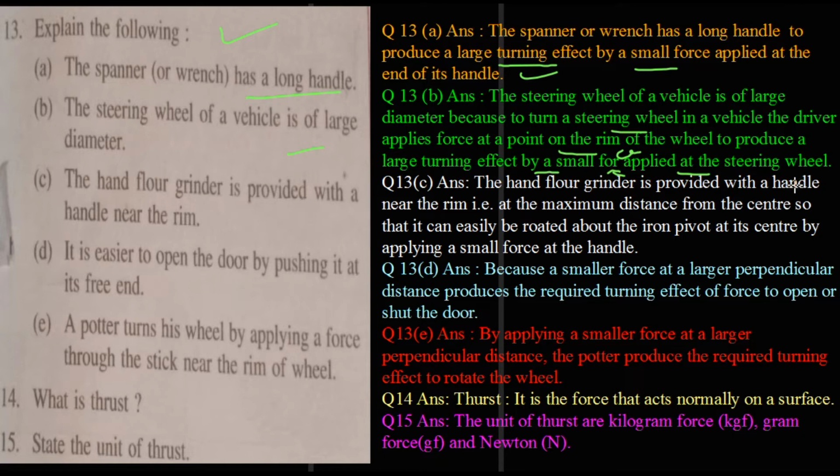So the diameter of the steering wheel is large for application of small force, right? Now question number 13C. The hand grinder is provided with a handle near the rim. So the reason behind this is like the reason behind the steering wheel.